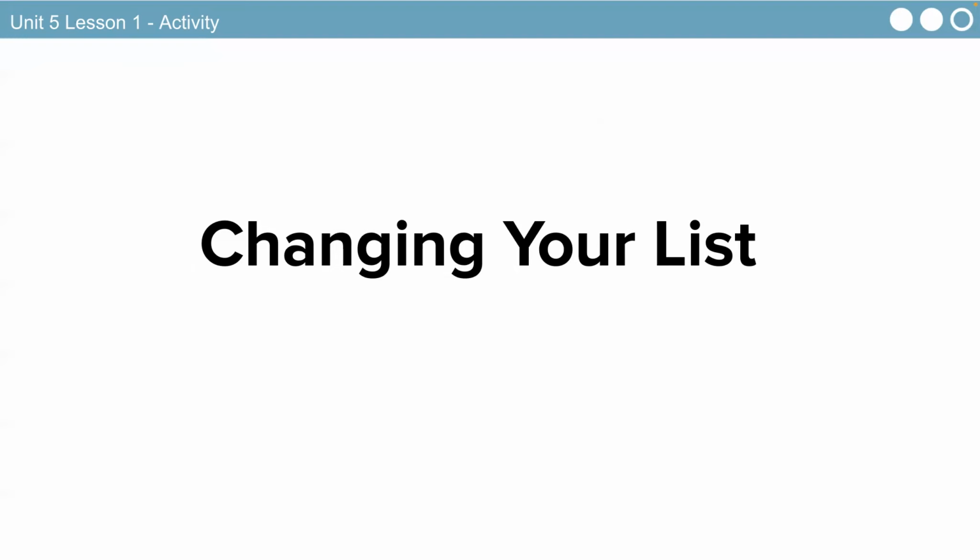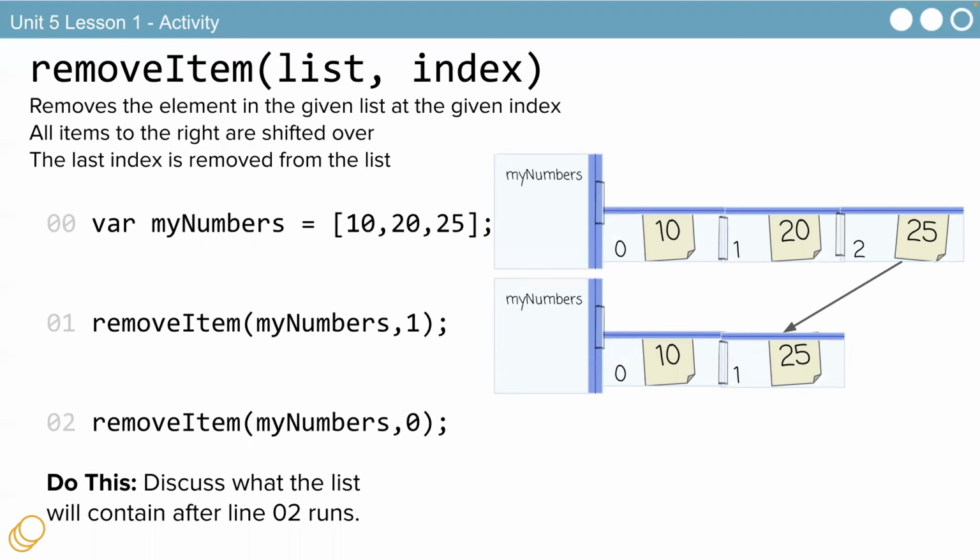We've changed it by adding or replacing items, but what if we wanted to add an item, or remove an item? We'll start with removing. So remove item, the name of the list, comma, the index number. That removes that particular item, and then they all shift over.